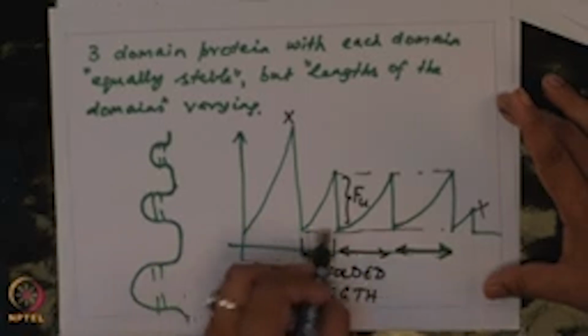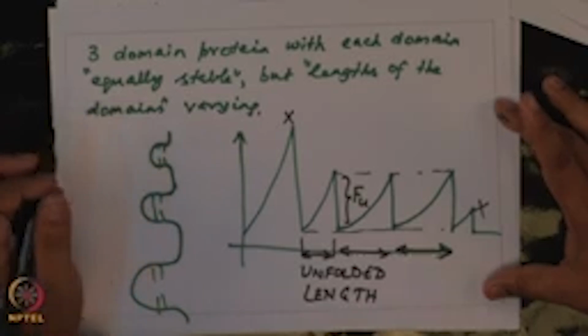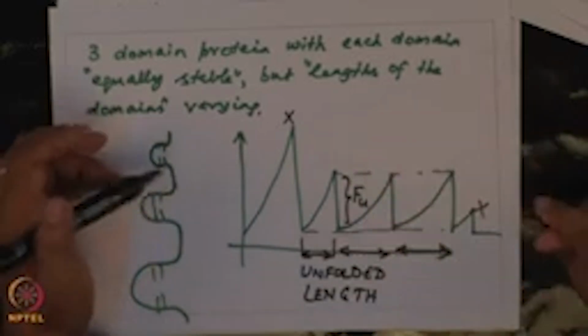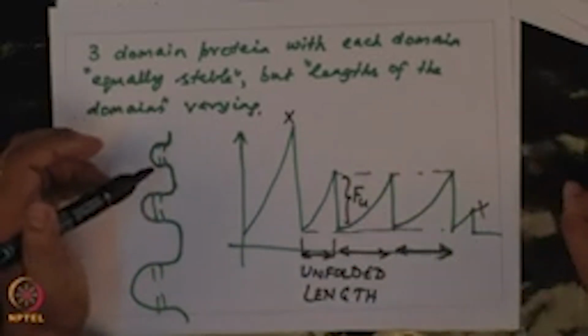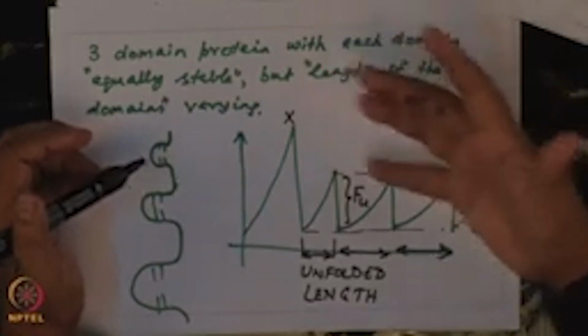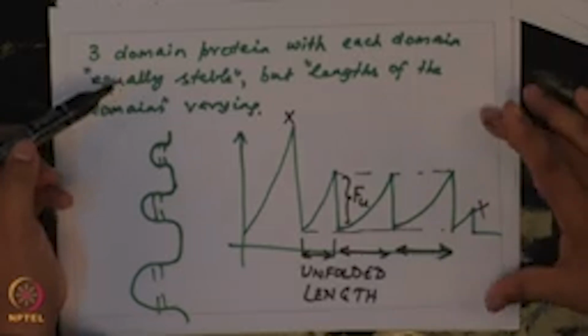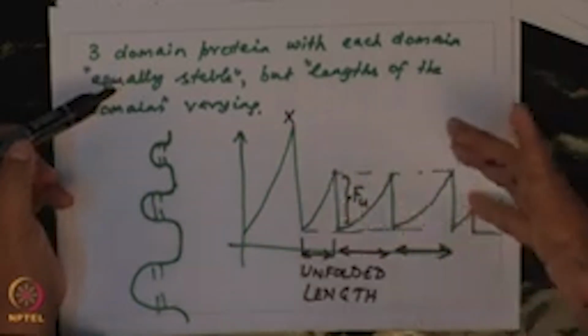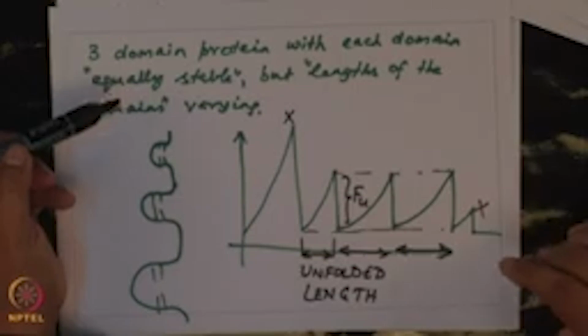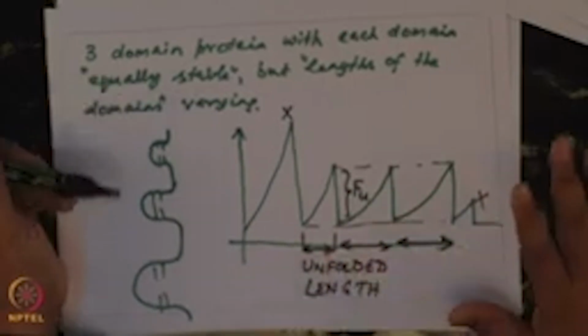Your x axis gives the unfolded length and the y axis gives the unfolding force. In this particular case, because each domain was equally stable, your unfolding forces are similar in magnitude, but the unfolding lengths are not. This is one representative data point. You have to do it multiple times and determine the statistics.